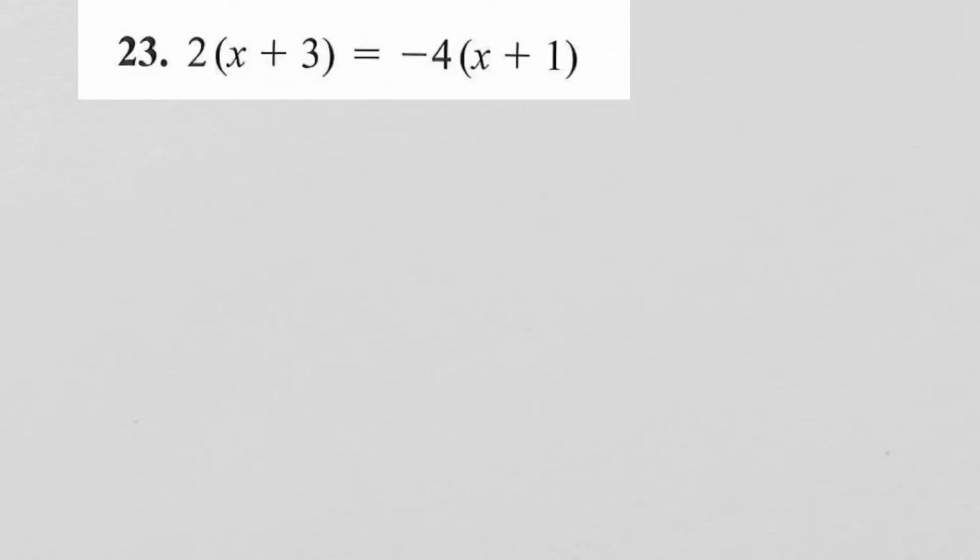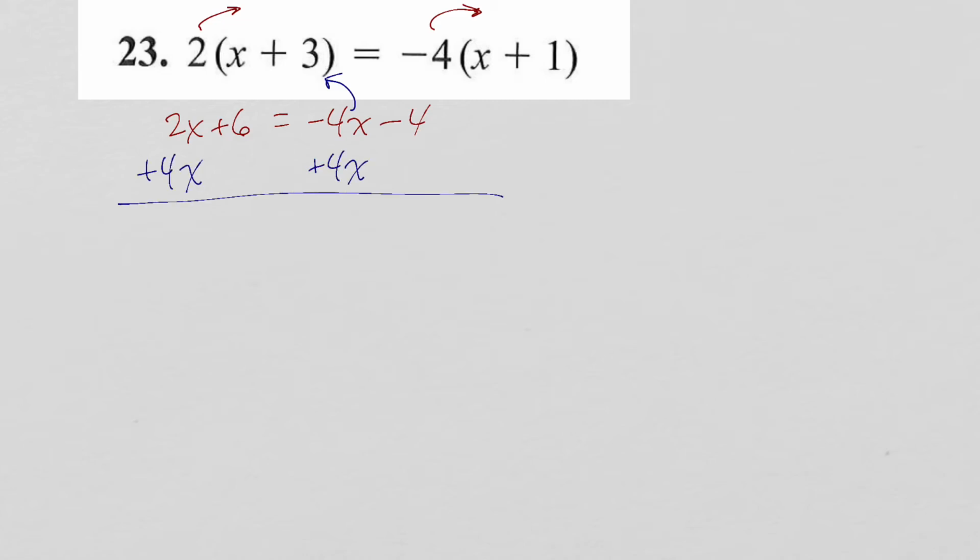Okay, on number 23, I'll start by distributing this 2, and we're going to get 2x plus 6. On the right, I'll distribute this negative 4, and we'll get negative 4x minus 4. Now I'll move the negative 4x to the left by adding it to each side. And that's going to give us 2 plus 4 is 6x.